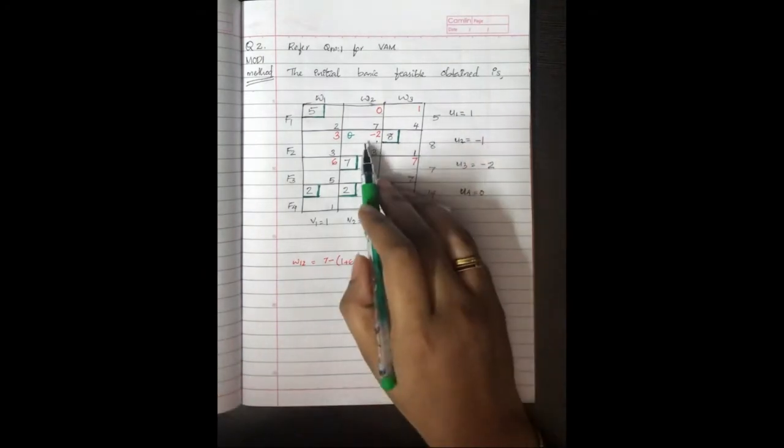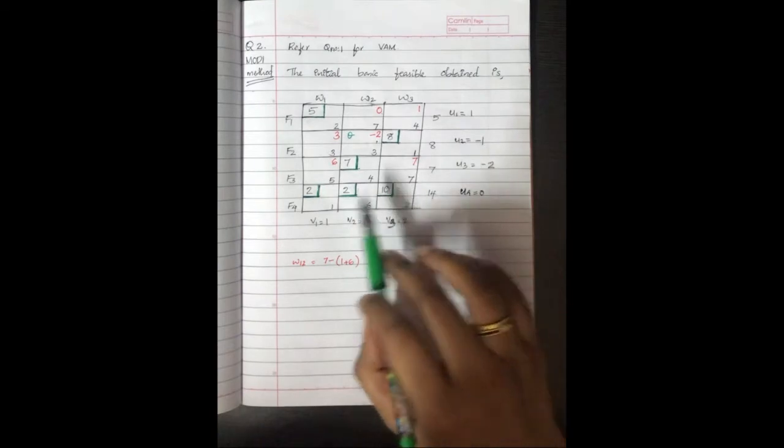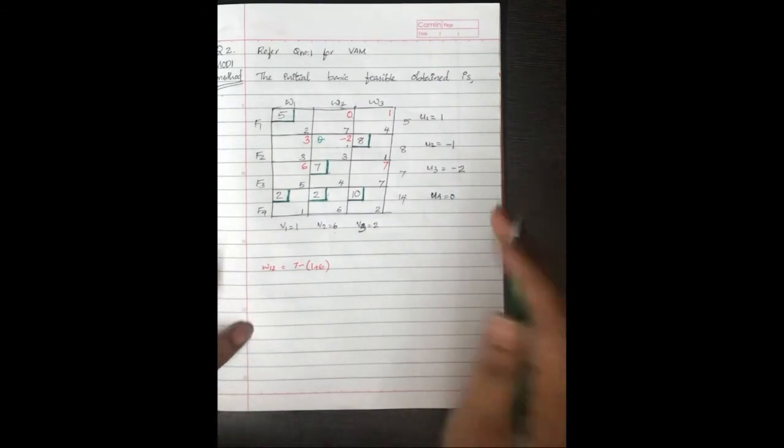Then we need to find a closed curve starting from this theta cell and ending at this theta cell, and the corners of the path should be in the occupied cells. The closed path should be using horizontal and vertical lines.